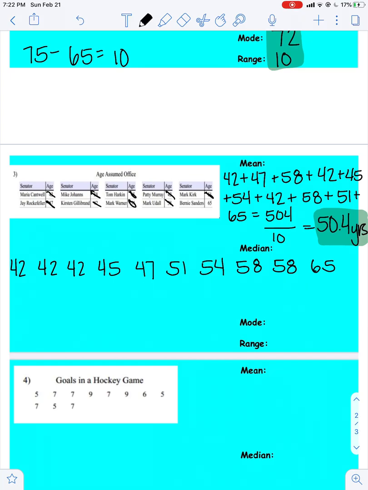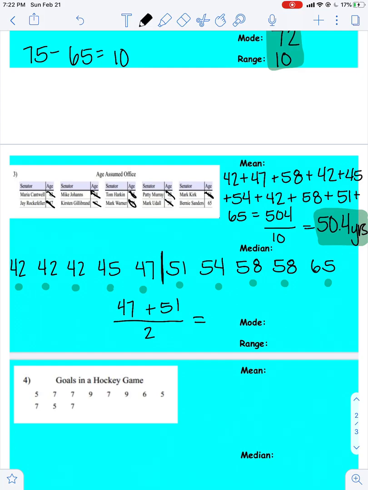So now, if we look here, I have 10 numbers. That means that I should have 5 on each side of my median. So to have an even number on both sides, we're going to have to find a number that's right in the middle of 47 and 51. So we add them together, 47 plus 51, and divide that answer by 2.